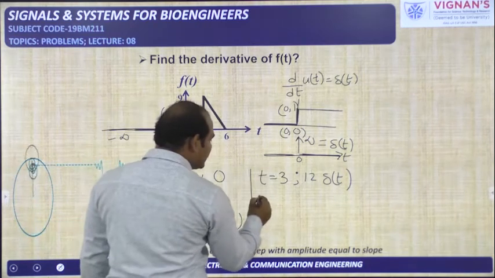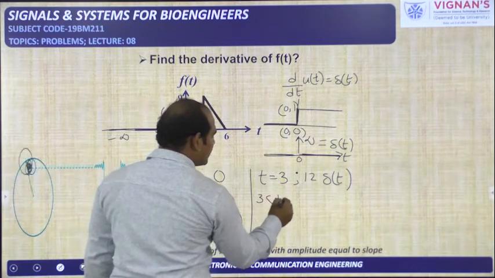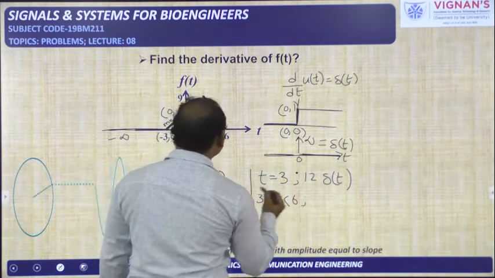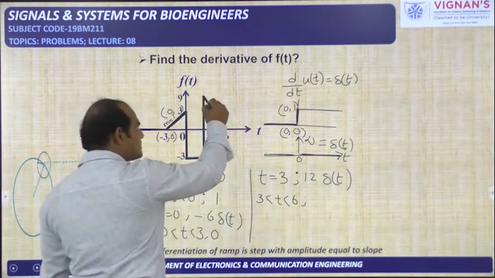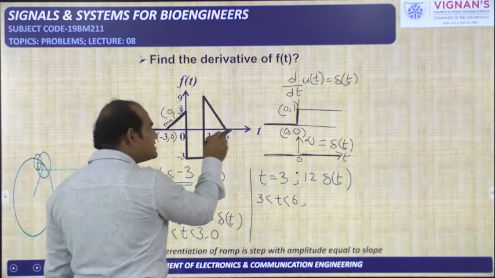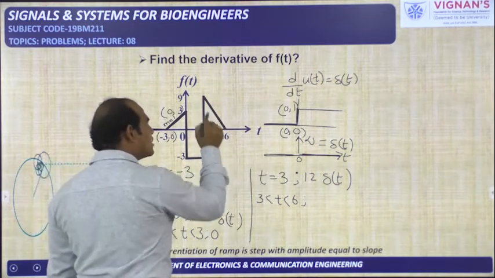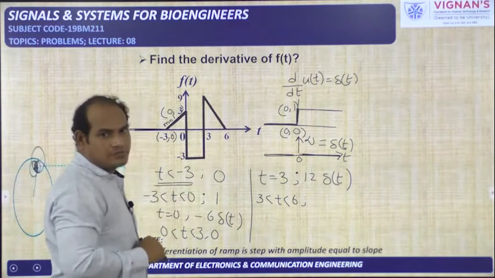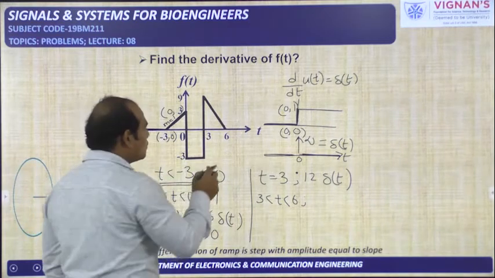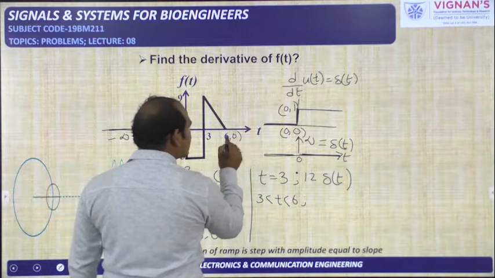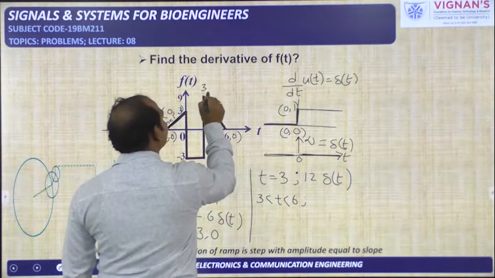Next, when t is from 3 to 6, the amplitude of the signal is decreasing. As time increases, the amplitude decreases, so it has a negative slope, which we need to find. The coordinates here are (6, 0) and (3, 9).